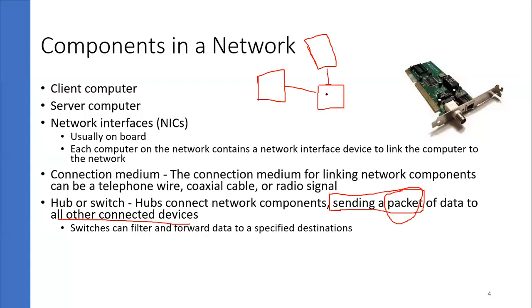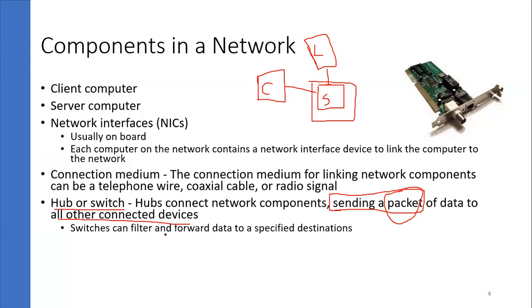So this is a switch mainly. Now, this is your computer, this is your laptop. There might be some other laptops. So you need these communication channels. To have these communication channels, you need another hardware component. It might be a hub or a switch.